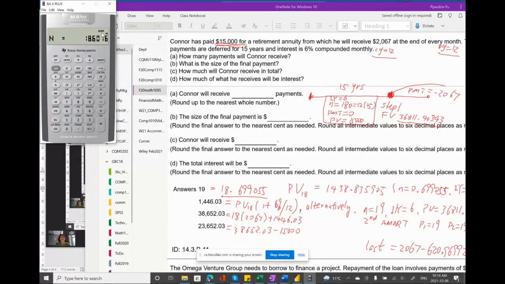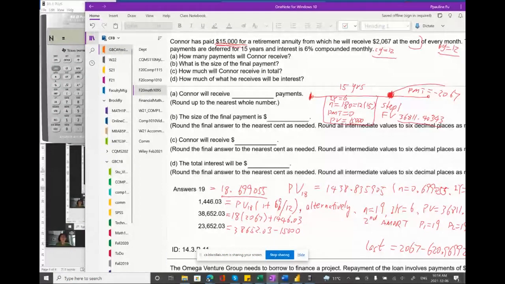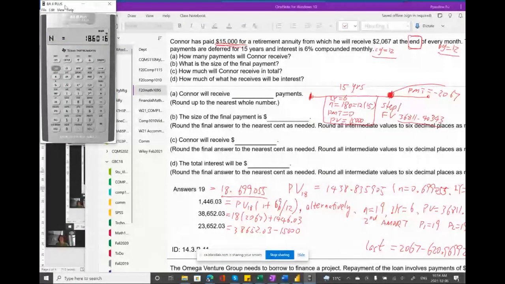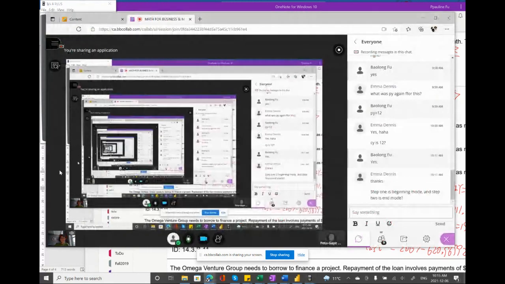I should do the END mode. I forgot to change the switch. This is the mistake you may also have. It should be END, but I have BGN on my calculator.